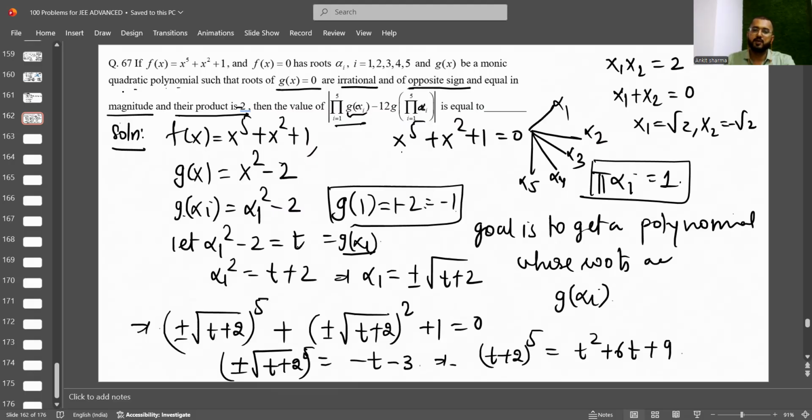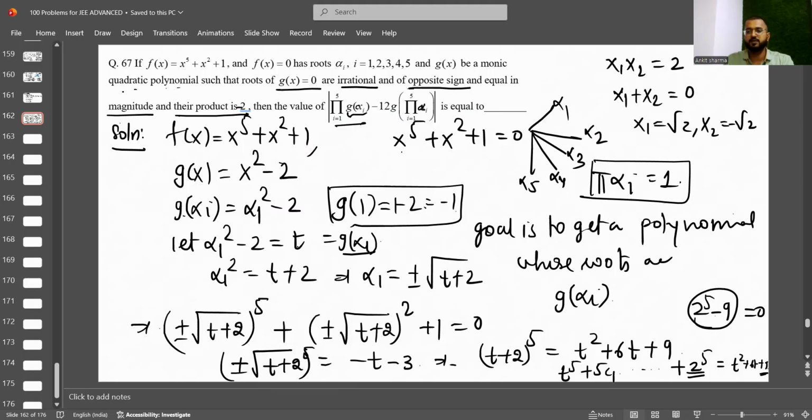So if I open this polynomial, t plus 2 to the power 5, I just need the constant. So this everything will open with plus. So it will open with t power 5 plus 5c1 into blah, blah, blah, plus the last term is going to be 2 to the power 5, and it's equal to this again, t square plus 6t plus 9. I'm interested more in the constant. So 2 to the power 5 minus 9 is my constant.